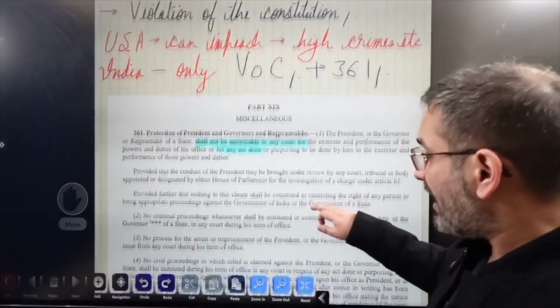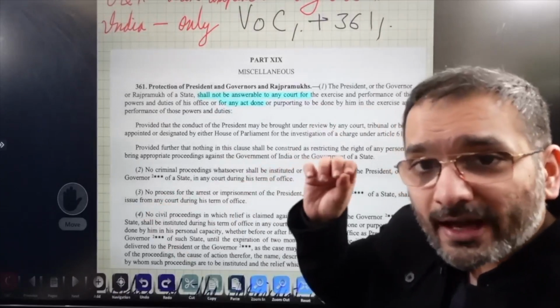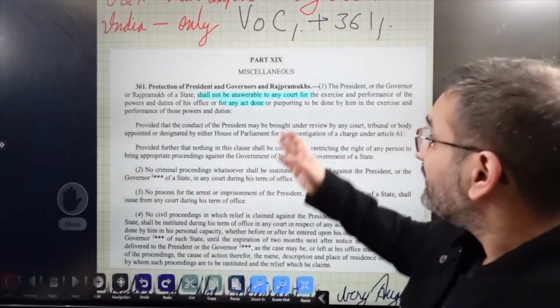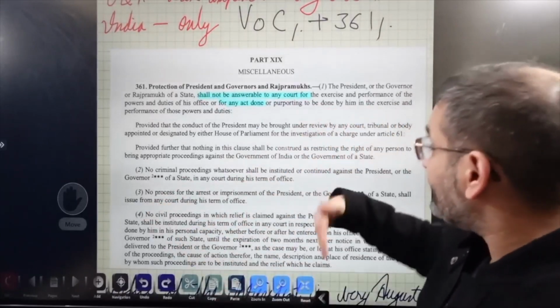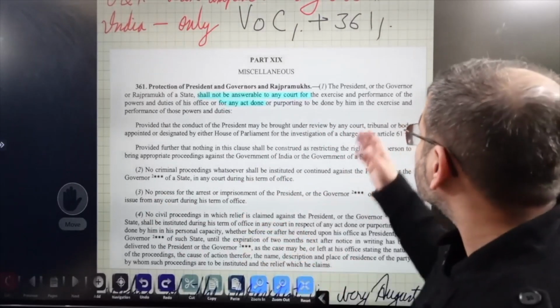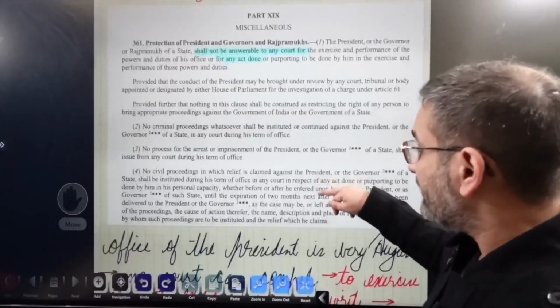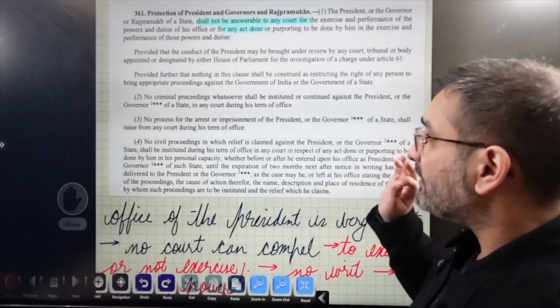You see how comprehensive this is. For any act done or purporting to be done, basically one that is about to be done or done via some subordinates, in the exercise and performance of those powers and duties. See, this is absolutely comprehensive.